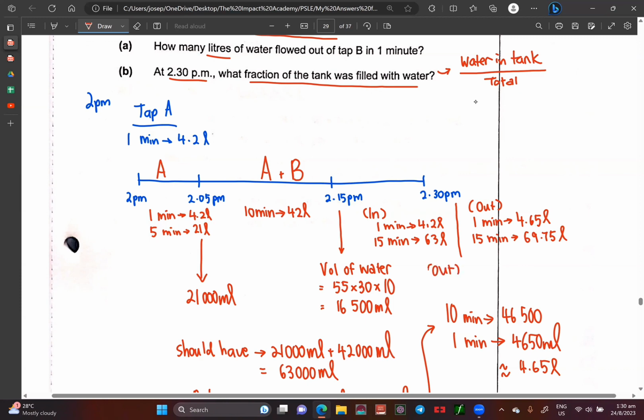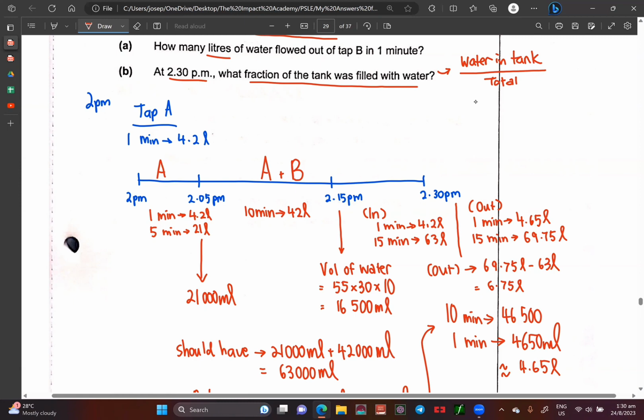Therefore, the total out will be 69.75 liters minus away 63 liters. When you do that, you get an answer of 6.75 liters.